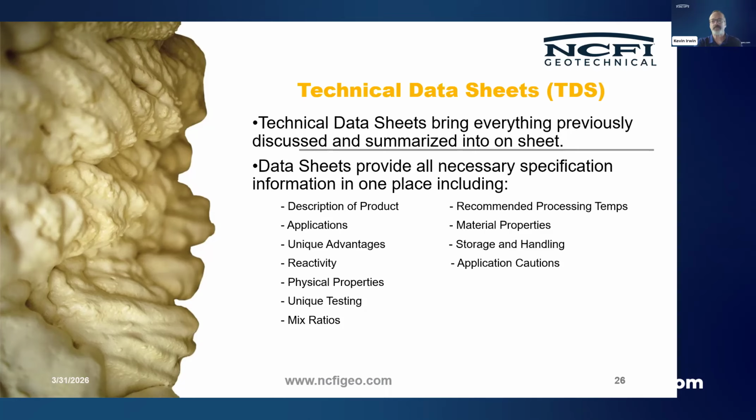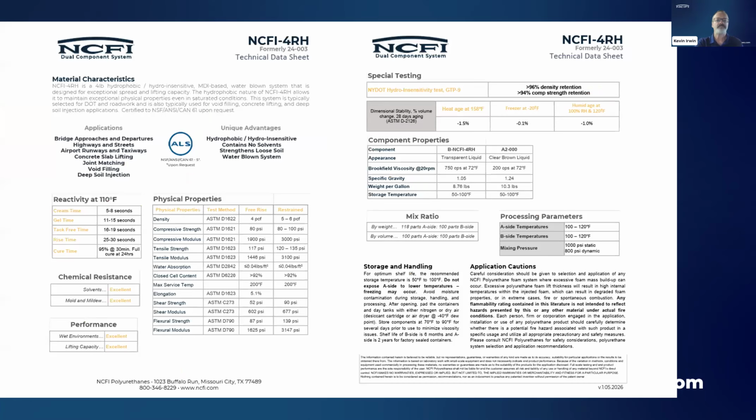All of these things are really useful because, particularly as winter comes around, we start getting a lot of calls about people having off ratio issues and that kind of thing. And normally we know that when it starts to get cool outside, the B side starts to get a little thicker as it cools down, and we need to have a heater put on that B side drum.